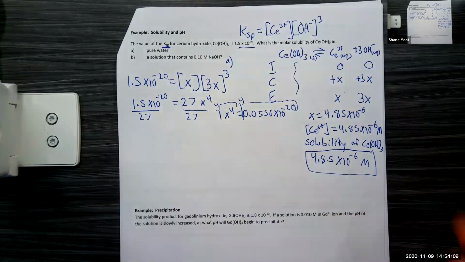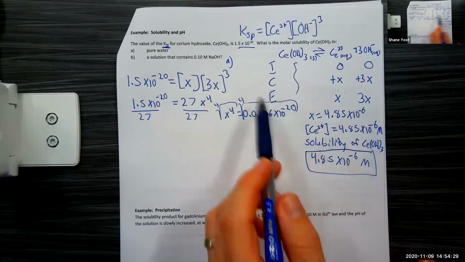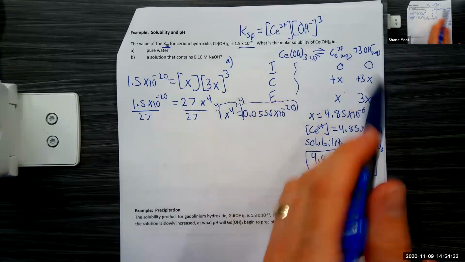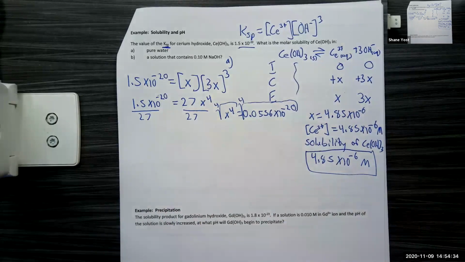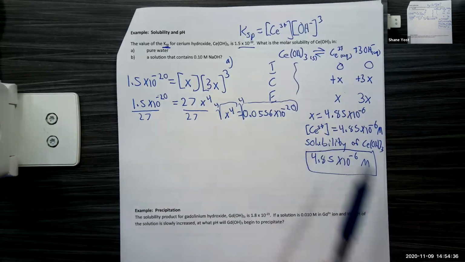The reason is that the molar solubility is how much of my compound I can dissolve to reach the saturation limit. The saturation limit is when you establish equilibrium between your ions in solution and the solid. That limit is given by the equilibrium concentrations of this ICE equilibrium problem. So the equilibrium concentration of cesium is the saturated amount of cesium ions in solution.